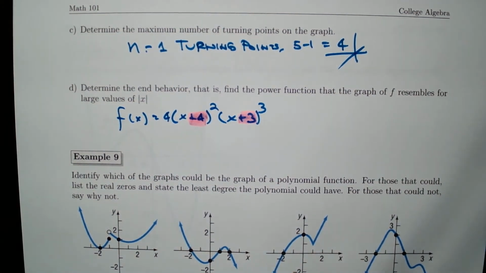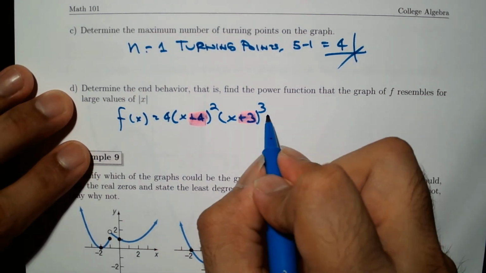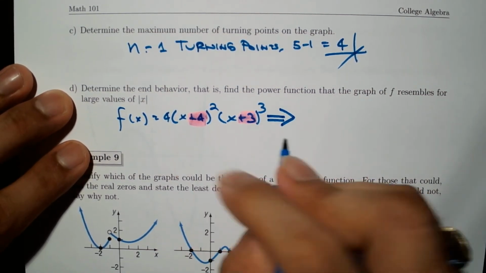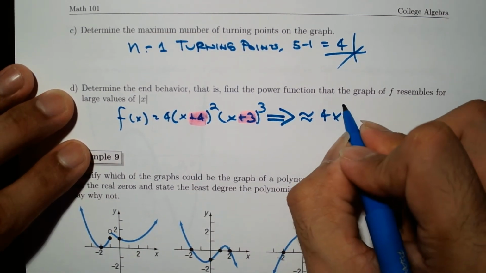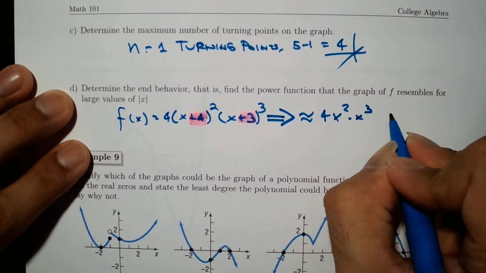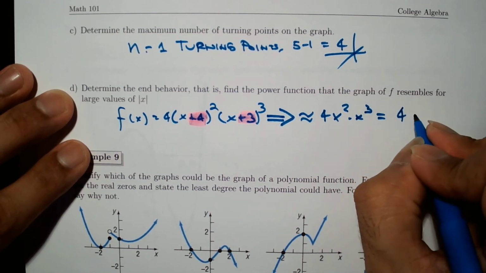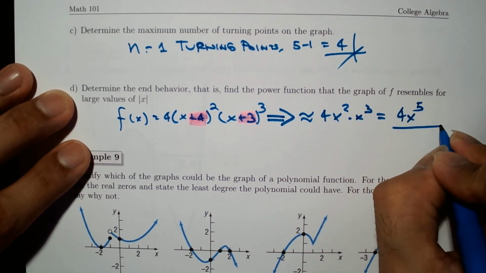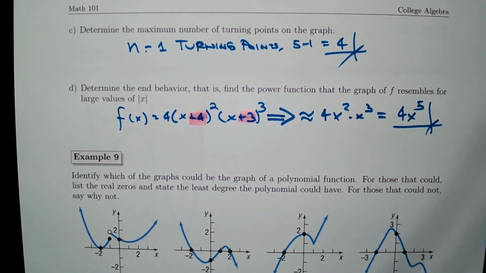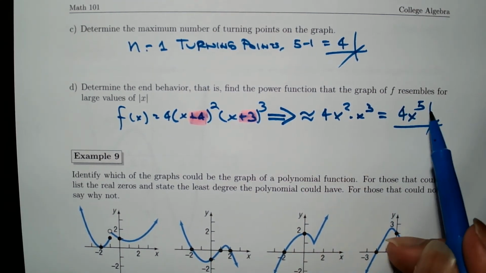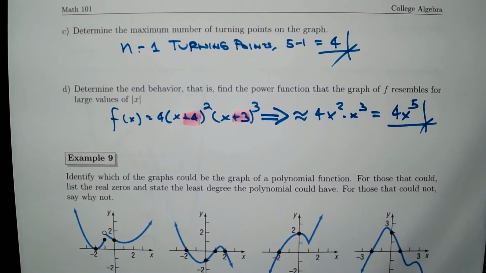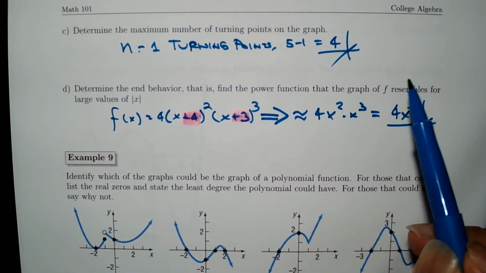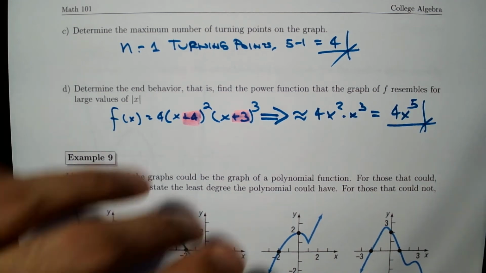So this is going to behave approximately like 4x squared times x cubed, which ultimately is 4x to the 5th power. That's going to be the power function that relates to this polynomial function, and this is what is going to determine the end behavior of it.